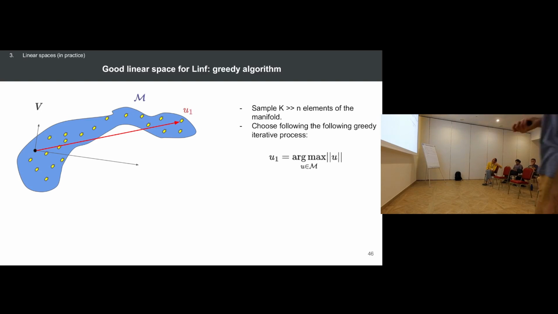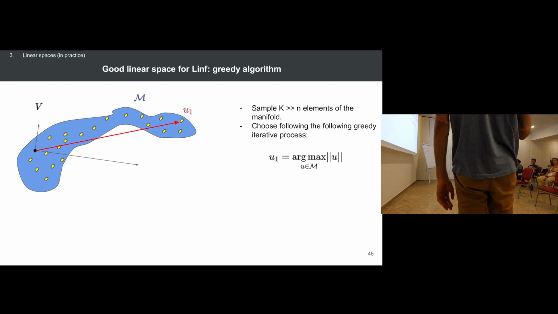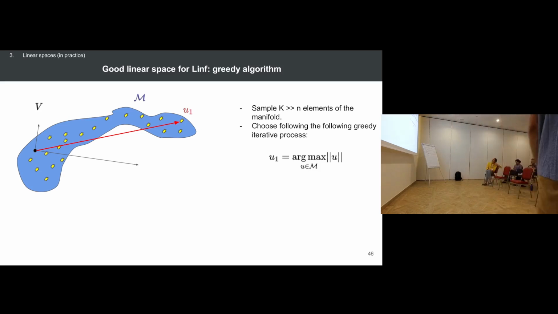Then there is another algorithm that is called greedy algorithm. And so the idea is now, okay, we want to do maybe a bit better than just random. And so what we will do is, in an offline stage, we will sample many elements of the manifold. So now we gather a lot of information.